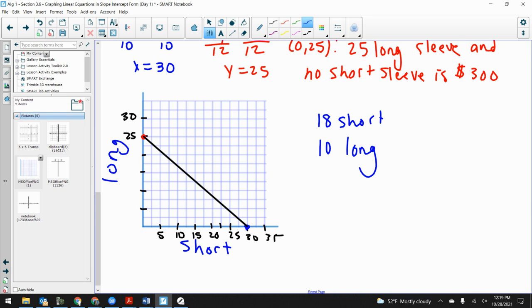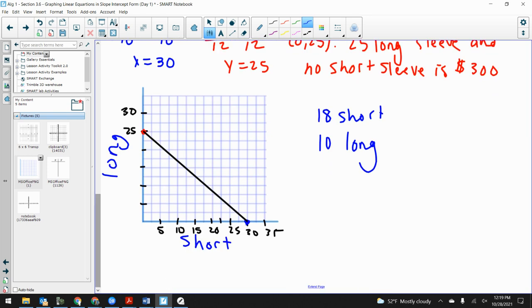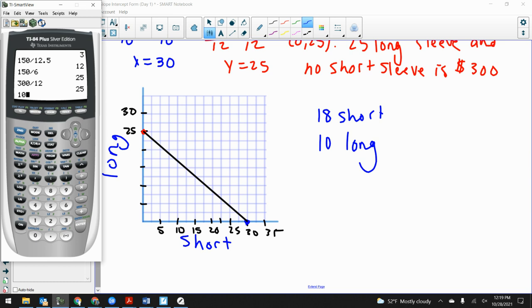Plug it in. So 10x plus 12y is equal to 300. 10 times 18, close parenthesis, plus 12 times 10. $300.